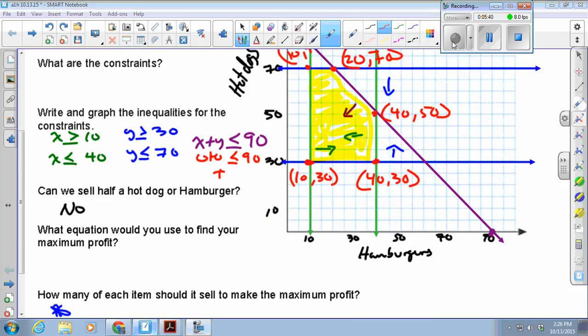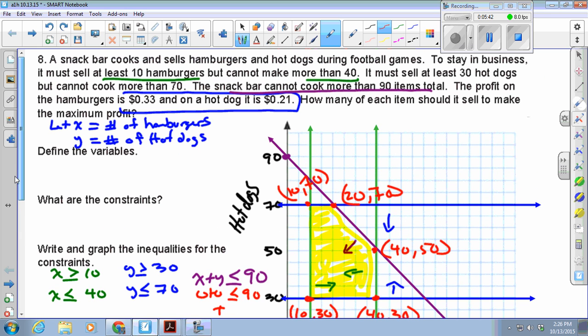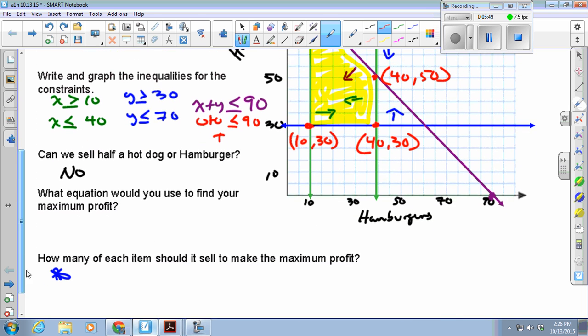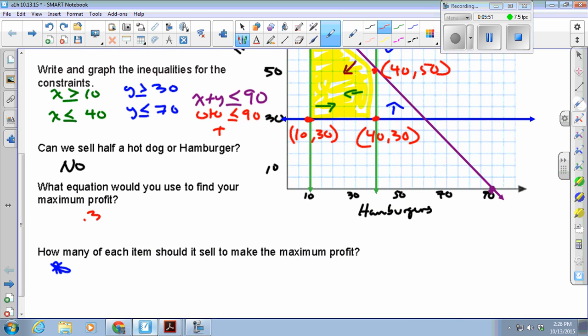All right, the equation I would use goes back up to those first two numbers I said we're not going to use till later, 33 cents and 21 cents. So that means 0.33x plus 0.21y is going to give me my profit.